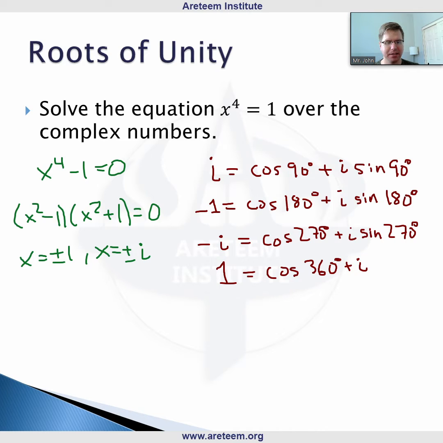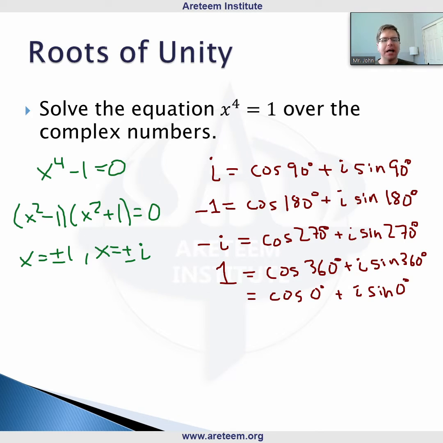So just to find our pattern here, let me write it as 360 degrees for now, but that could also be 0 degrees. Maybe let me write both, so you could have cosine of 0 degrees plus i sine of 0 degrees there.